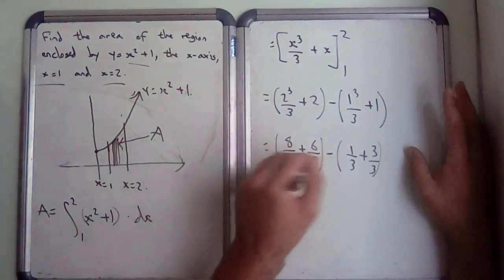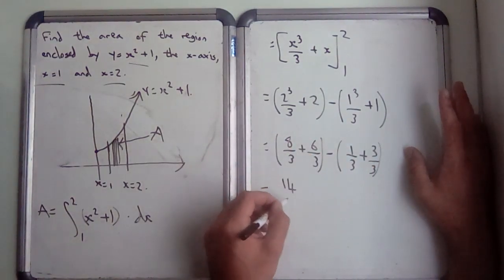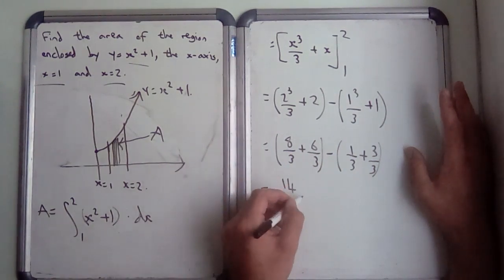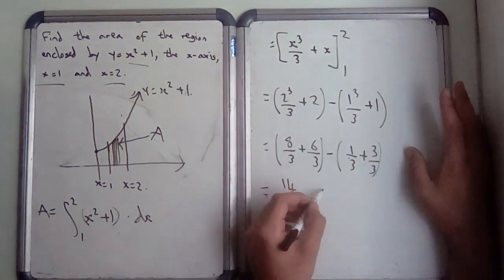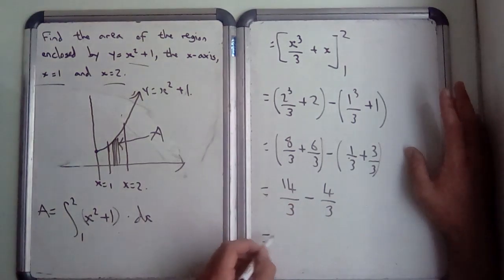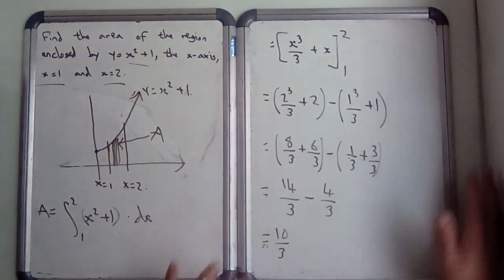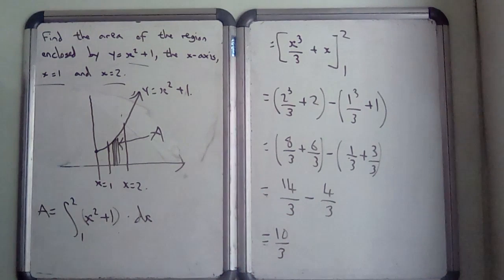So that is 8 plus 6 is 14. 14 over 3 minus 4 over 3 equals 10 over 3, which might be more use if you express that as a mixed number.